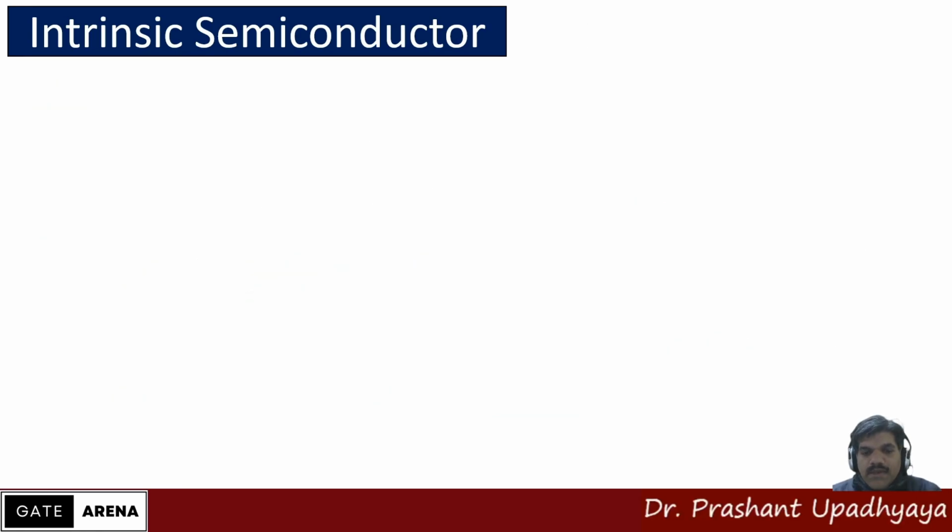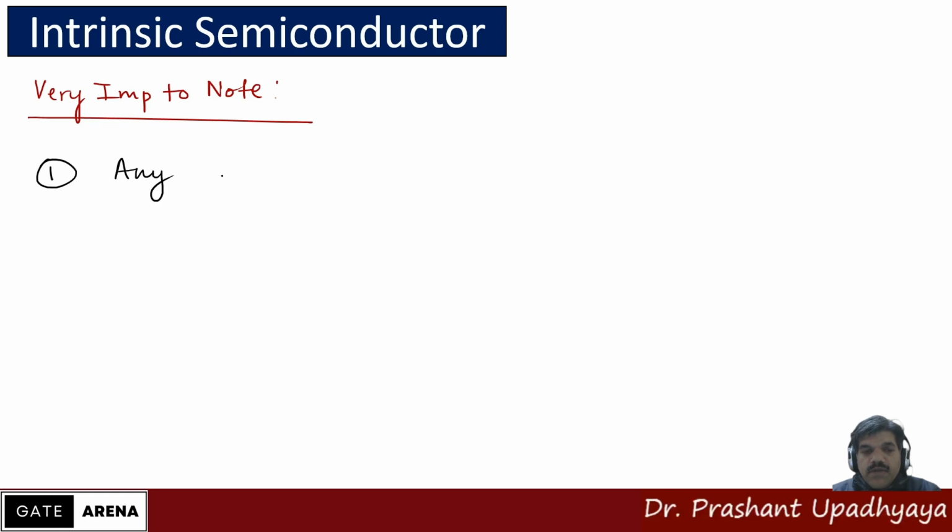Now we have to remember the important points when we are talking about the intrinsic semiconductor. I am writing very important points to note. The first thing we want to discuss is that you will not find any electronic devices fabricated using the intrinsic semiconductor.